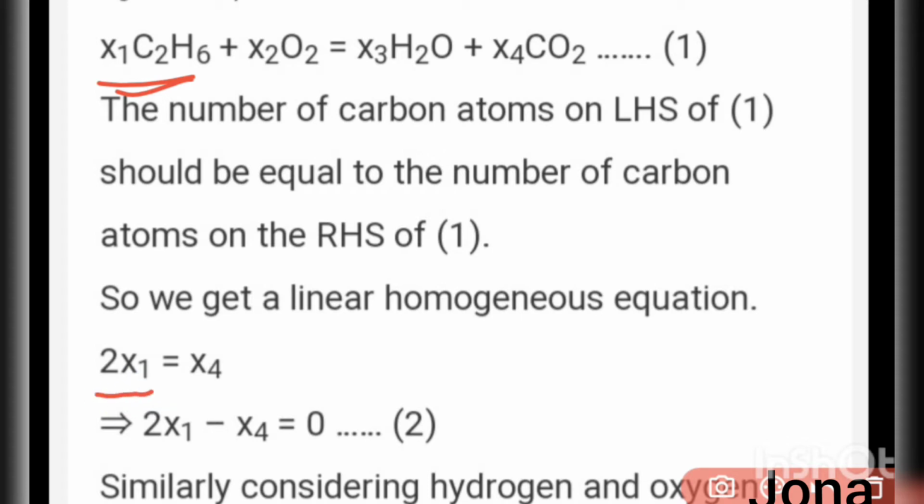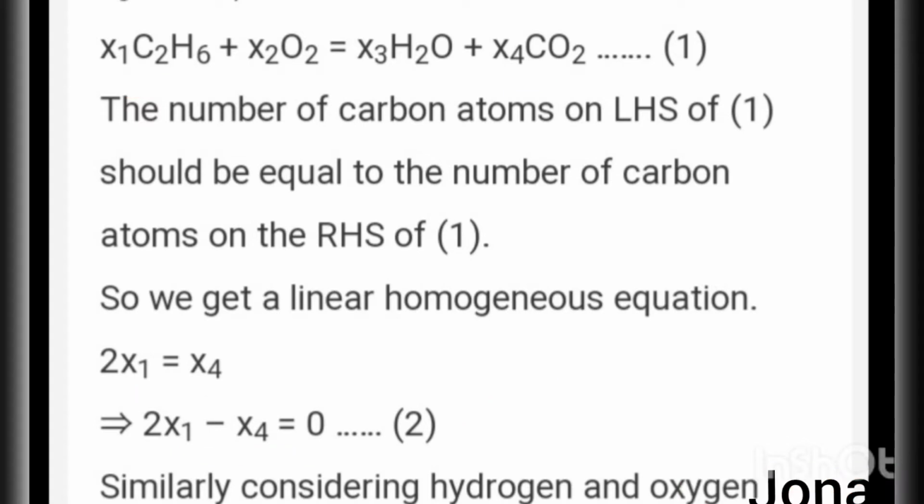On the right hand side there is 1 carbon atom, so 1x4. Taking this to the left hand side, the equation becomes 2x1 minus x4 equal to 0. Keep this as the equation now.